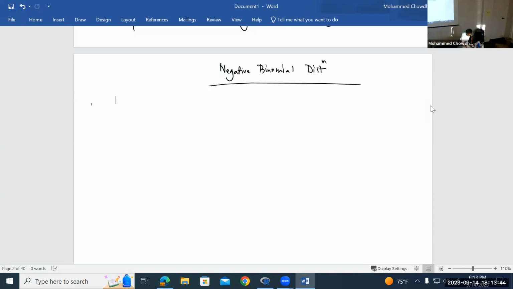Here I have written the binomial distribution. Here I have written the negative binomial distribution. So the binomial distribution's probability form is this. This is what I discussed with you last time.